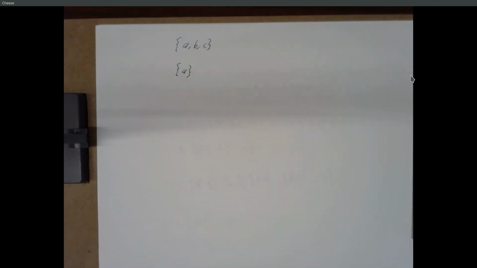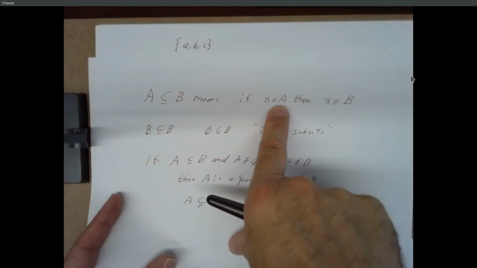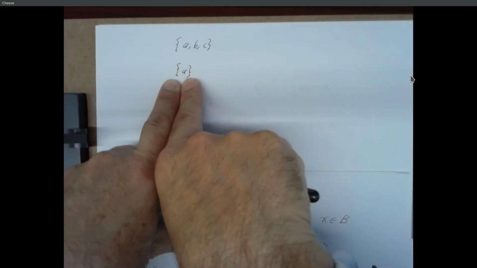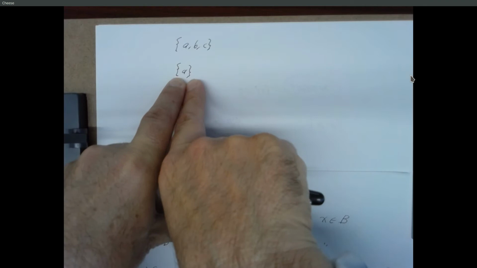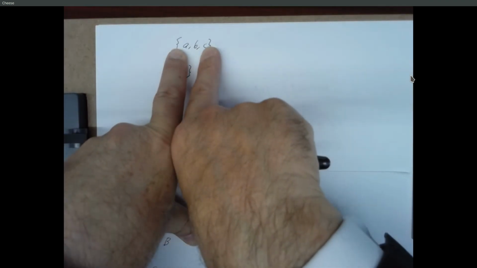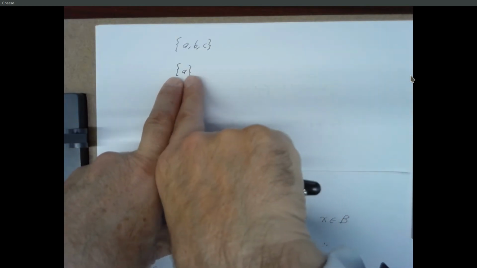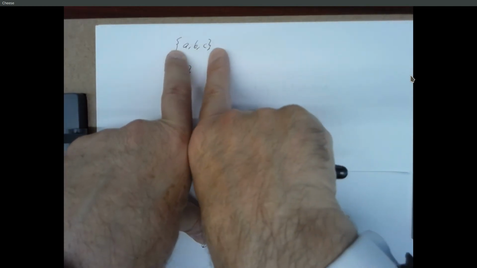What does the definition say? A is a subset of B means if x is in A, then x is in B. So if x is an element of this, it must be an element of this. There's only one element of this, the letter A, and that is contained in that set. So that's enough to prove, using the definition, that this small singleton set is a subset of that original set.